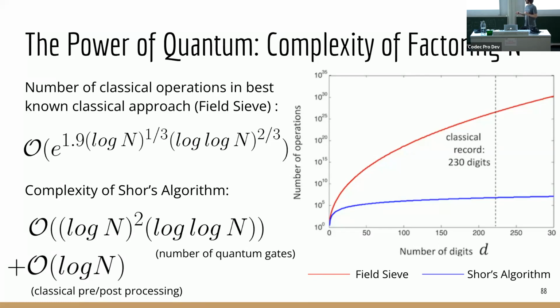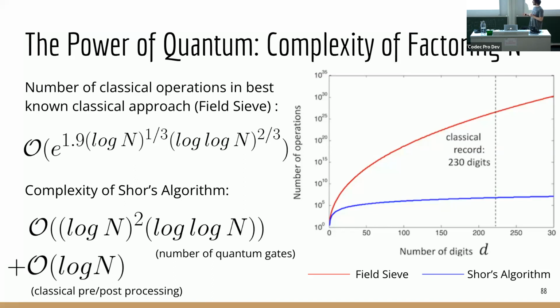For Shor's algorithm, it's a little bit challenging to compare the complexity directly because there's some classical components and some quantum components, and so it's hard to make a direct comparison of speed. However, what people usually do is compare the number of quantum gates that are used as sort of a proxy for the speed.